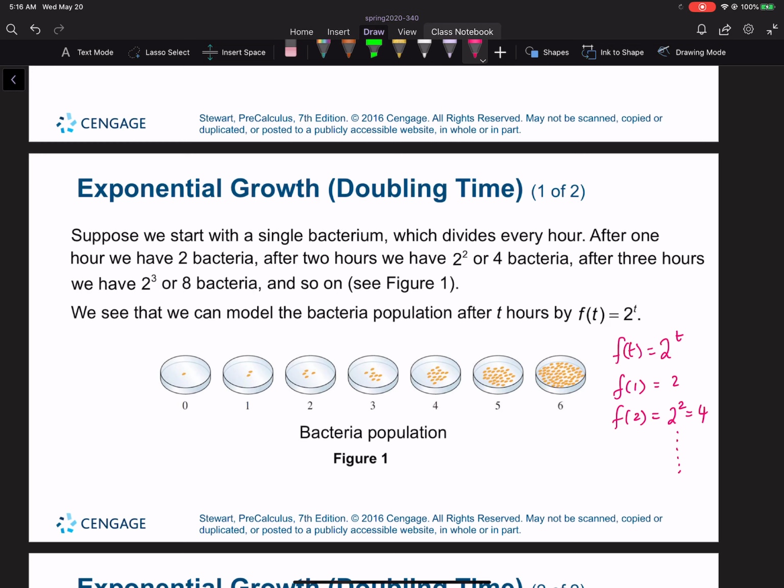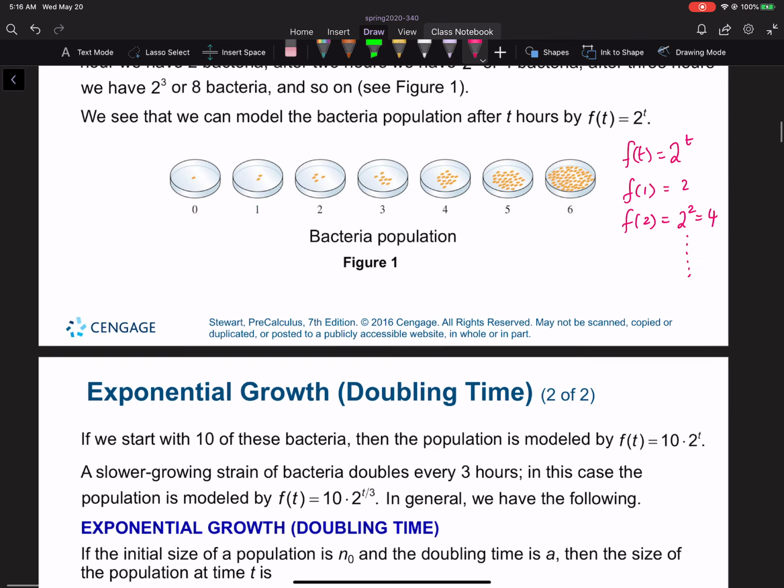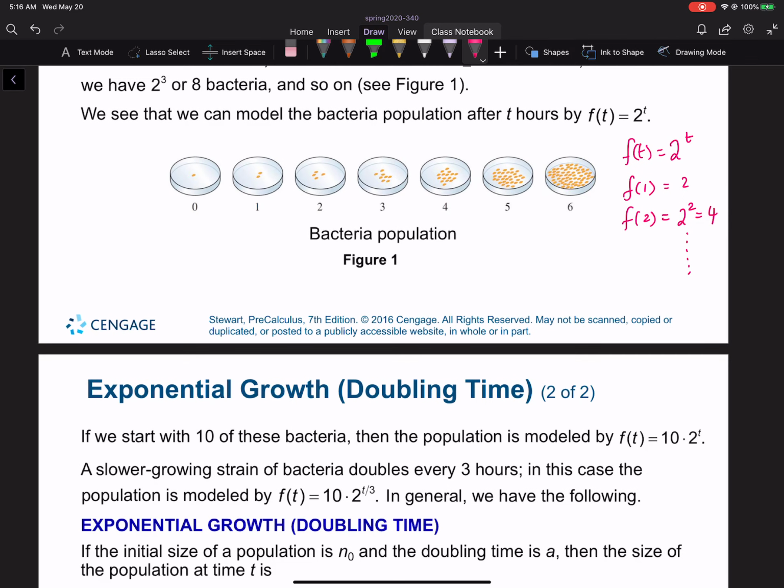All right. So this is called the doubling time. So if my growth factor is 2, doubling every hour, then I can see how that equation would look.